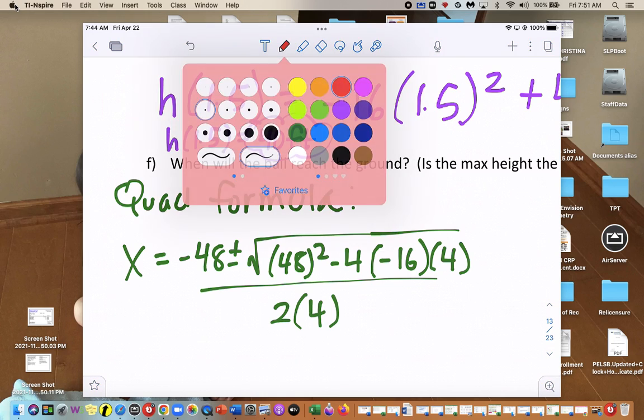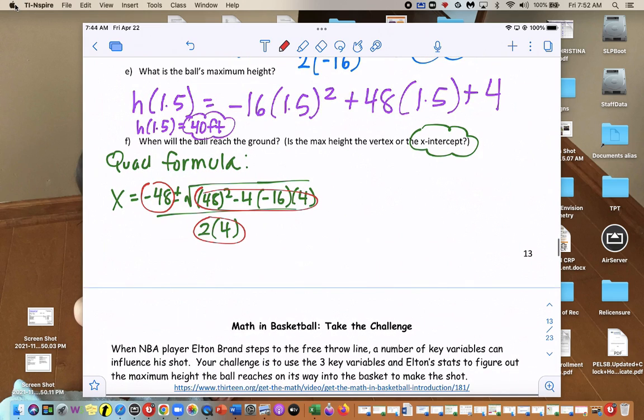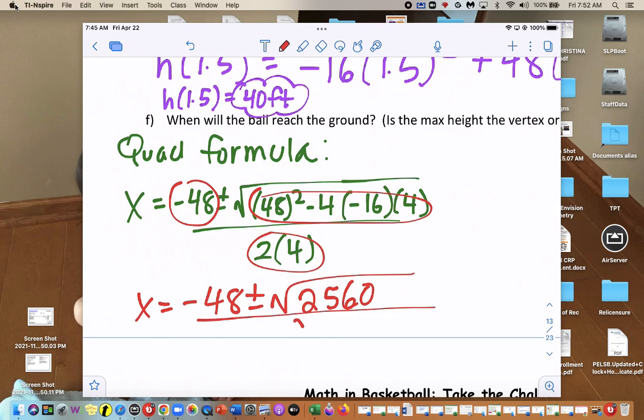Again, you will want to calculate these three numbers right here to minimize any error. So we'll have x equals negative 48 plus or minus the square root. I'm just going to type in that discriminant. 48 squared minus 4 times negative 16 times 4. That's 2,560 all over 2 times 4, which is 8.